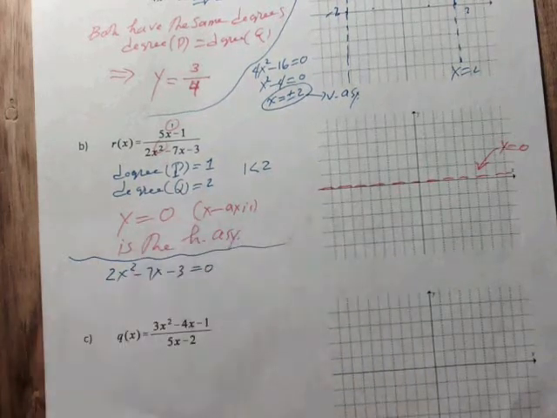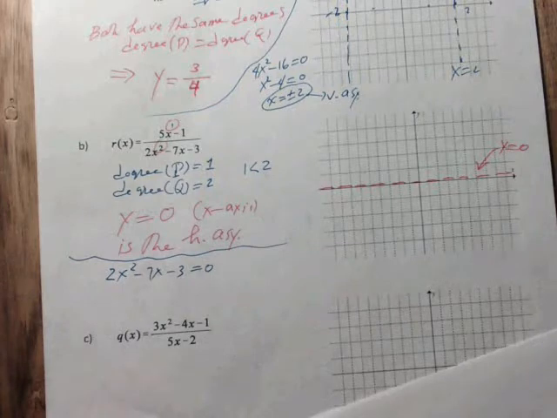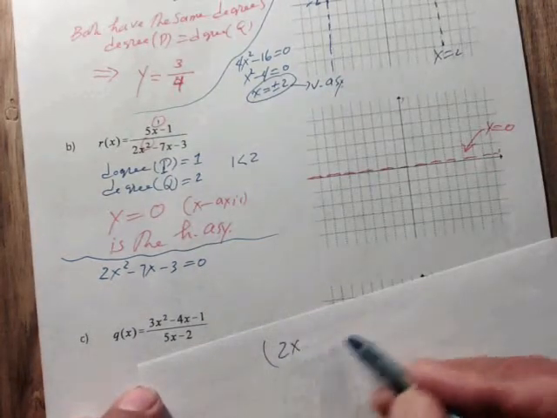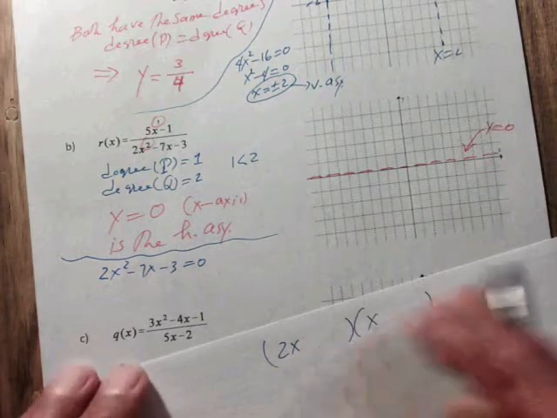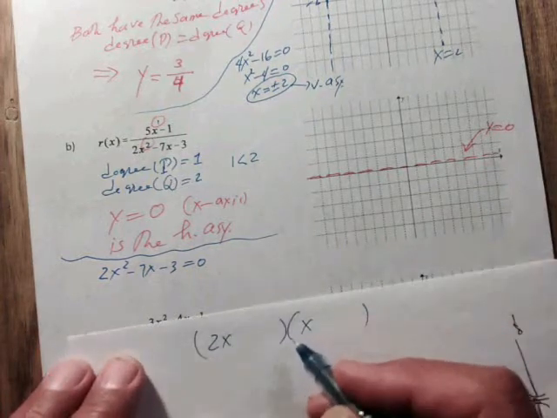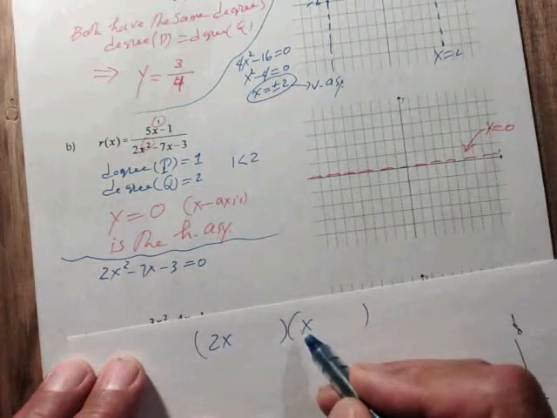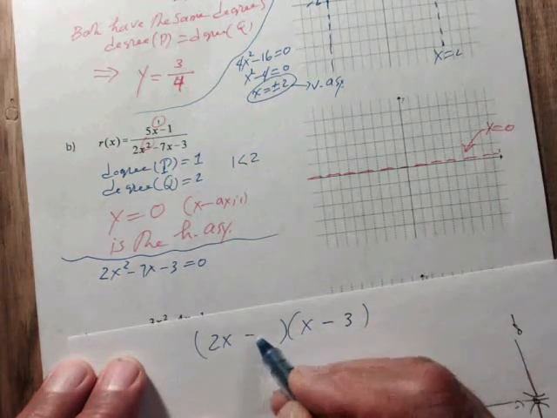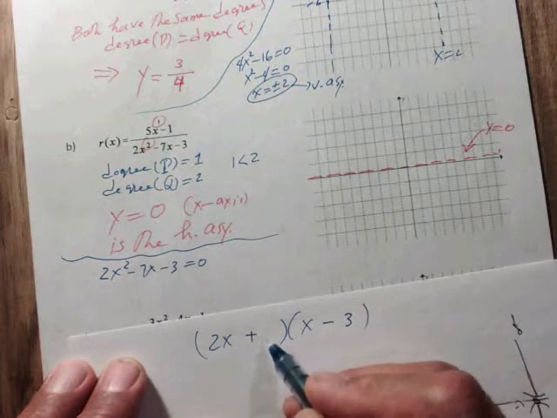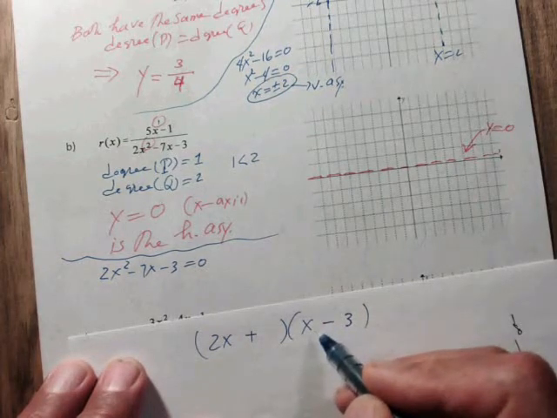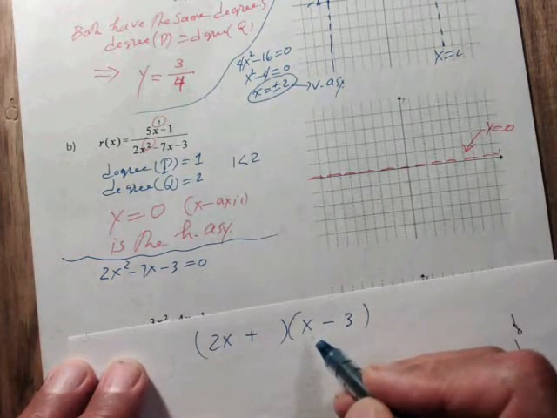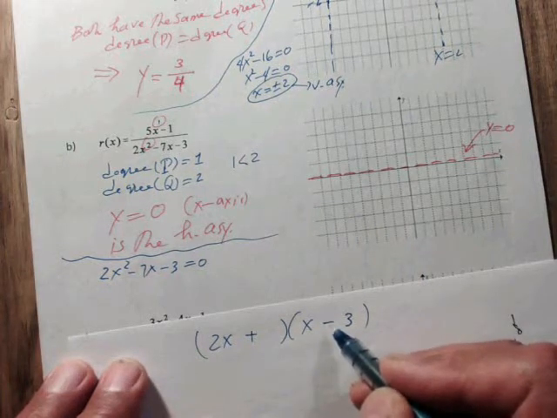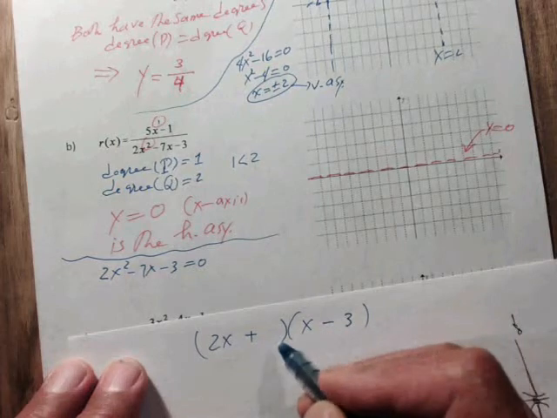Let me see if I can do it on a scratch paper because I don't want to mess up my space here. So if I have 2x and x, then I have to have minus 3, plus 1. Well, no, minus 1, plus 1.